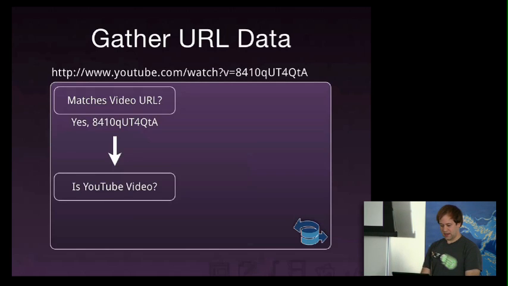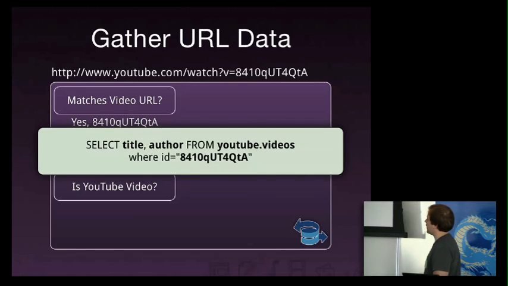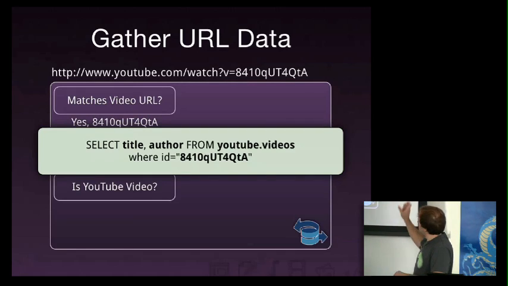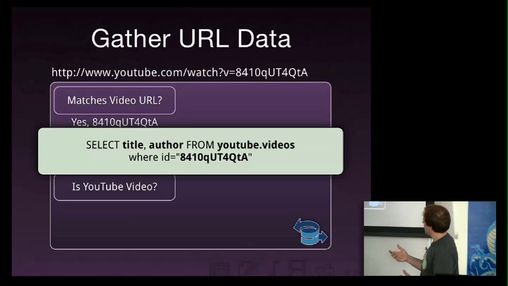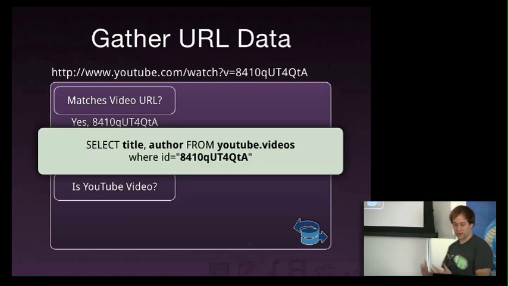Now that we have this video ID string, let's query the YouTube videos table on YQL to pull out the title of the video, which is some interesting metadata about this URL and the content, and the author, which is the person who actually published it, where the tip should be going.